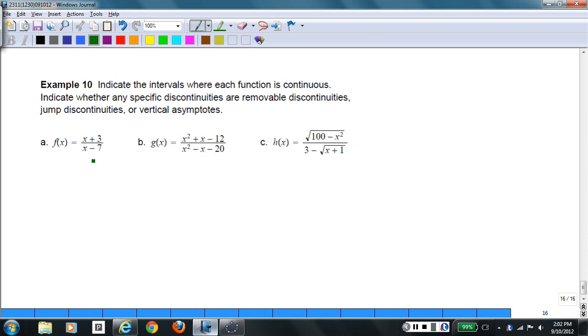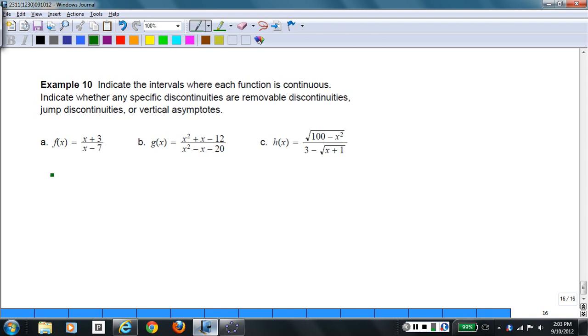If x is really close to 7, the denominator is really close to 0, but the numerator is really close to 10. And 10 divided by a really tiny number could be a gigantic positive number or a gigantic negative number, depending on which side, a small positive or small negative number. So the graph is blowing up at x equals 7.